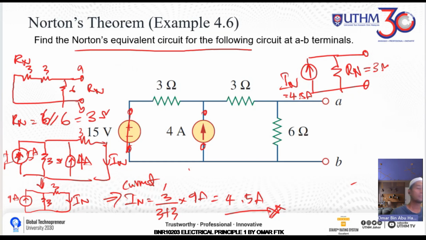Which method to select, you have to do a lot of exercise, and in this slide I already provided many exercises at the end, so you can try them, and from that you can gain some experience in using different kinds of methods to solve various circuit problems. Okay, so this is for Norton theorem.